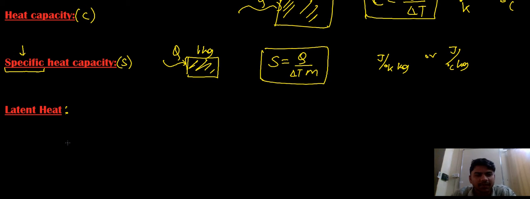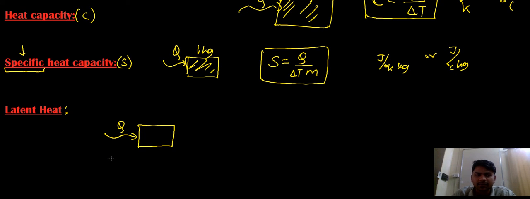What do I mean by that? When you change state, let's say a material goes from solid to liquid, and you're giving heat to this system until it reaches a critical temperature, which is the melting point in this scenario, it will not change its temperature until it is completely melted away.